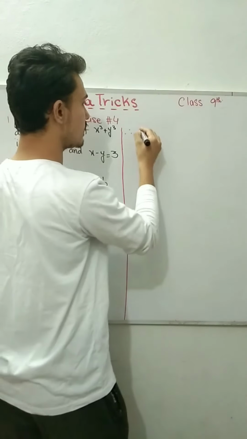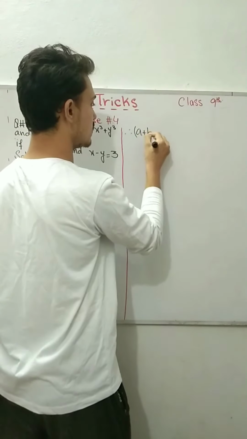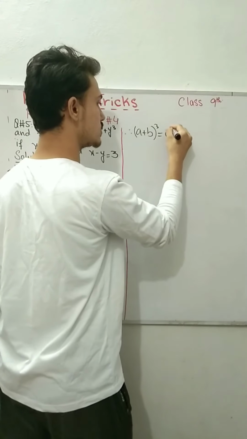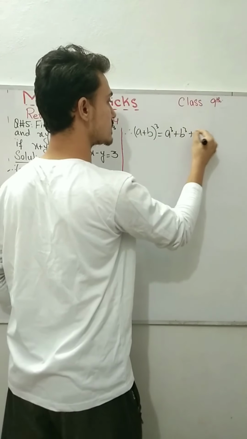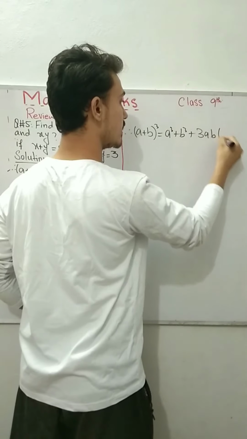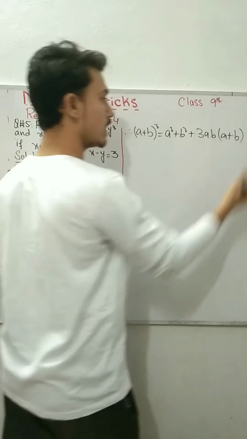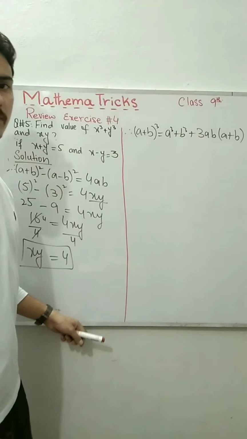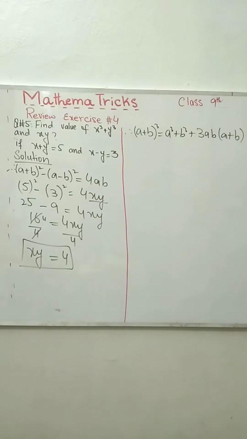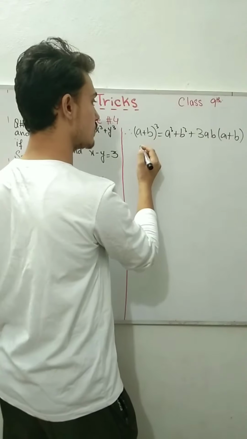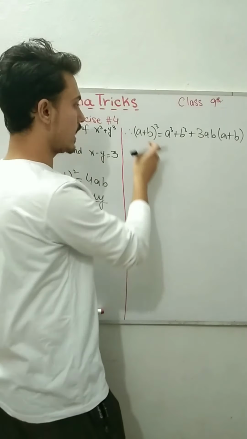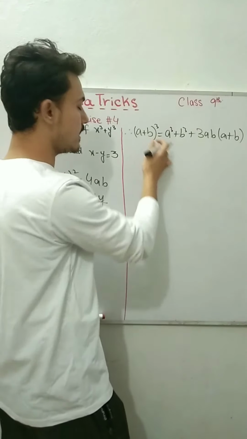Therefore we have the formula (a plus b) whole cube is equal to a cube plus b cube plus 3ab into (a plus b). This is the mathematical formula that we have. So let's put the values. I have a as x, b as y.